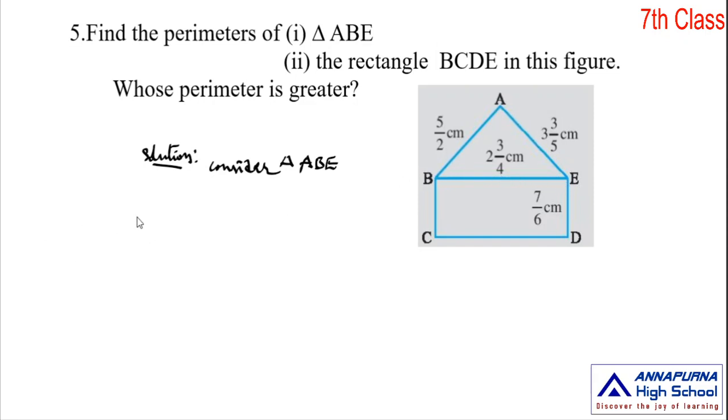According to the definition of perimeter, it is the distance around the figure. How can you get the distance around the figure? By adding all the sides.